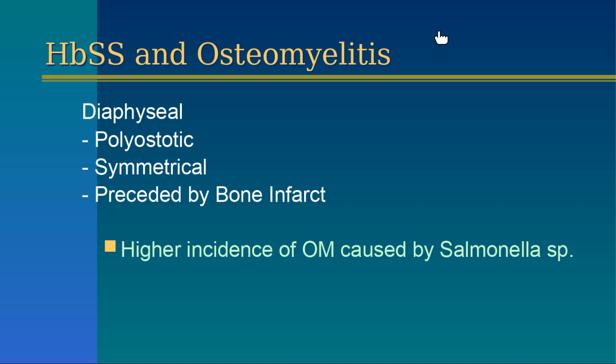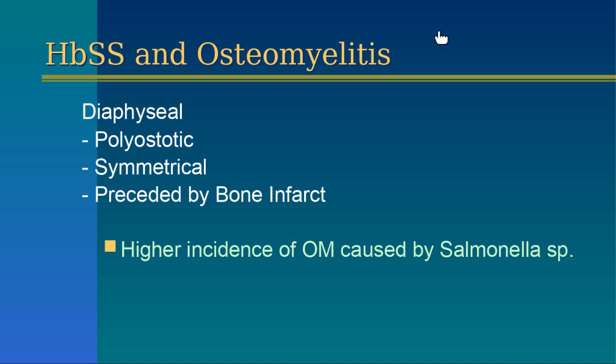That's exactly what it wants, to hide away from the immune system, and then it starts to proliferate and infect the bone. It may be diaphyseal because of the paucity of blood supply to the bones. The long bones, where the diaphysis is basically supplied by the nutrient arteries. So there aren't sinusoids and collaterals like the metaphyseal and epiphyseal regions.